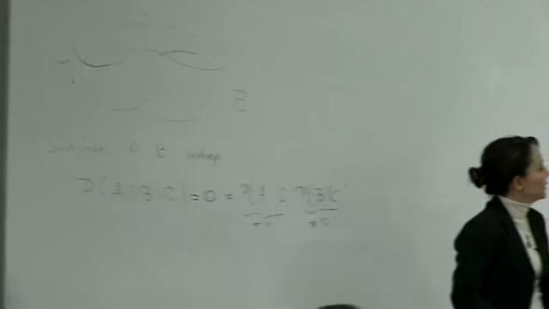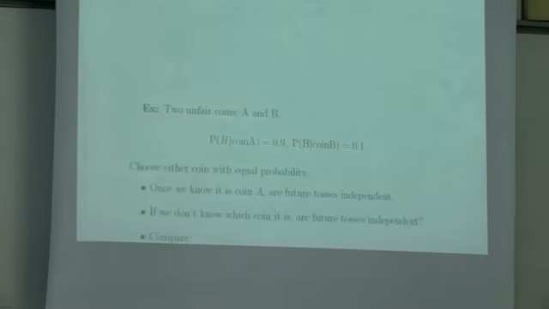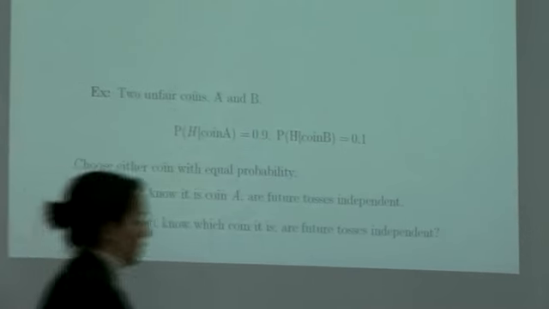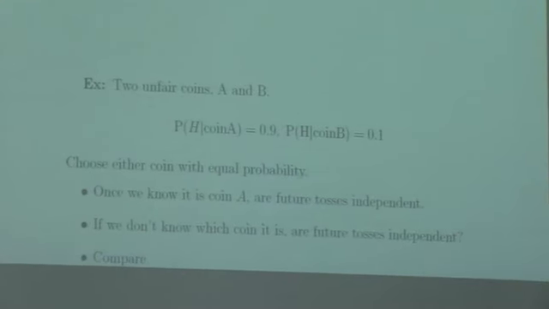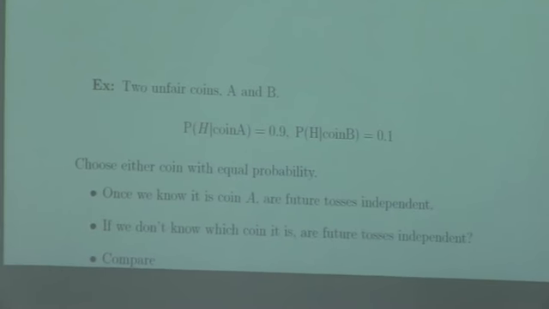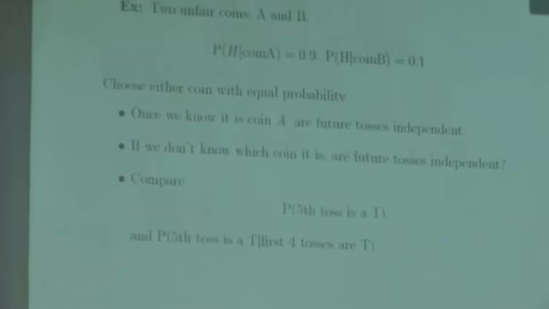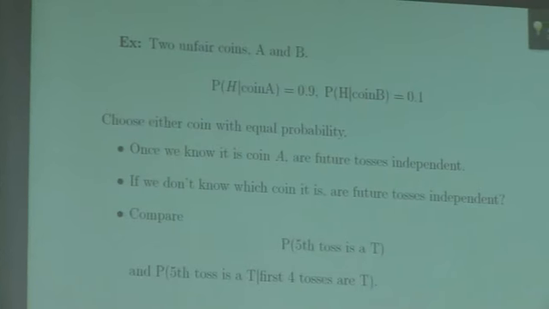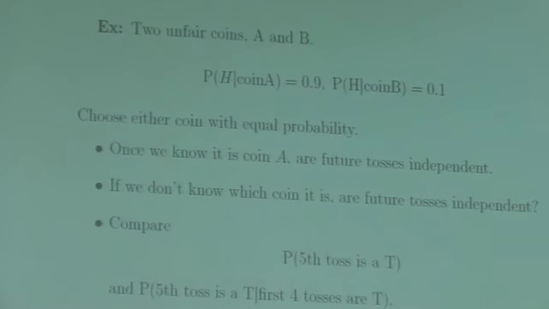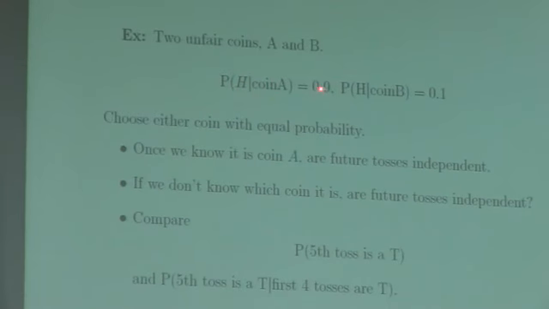Okay. So let's now do an example to illustrate conditional independence more. Let's take two unfair coins, A and B. Unfair coins, meaning the probability of heads and tails are not 1/2. In fact, if you pick coin A, the probability of heads is 0.9.